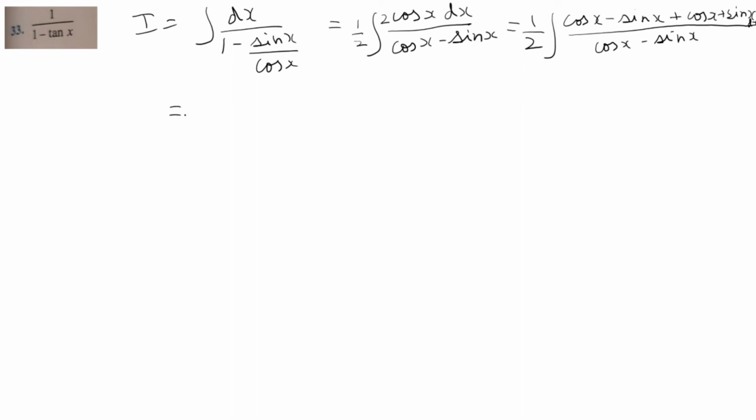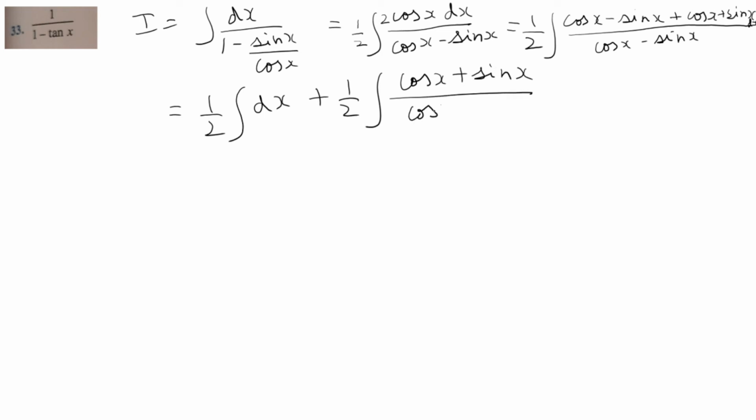So this is equal to half integral cos x minus sin x by cos x minus sin x, we get 1. So it is half integral dx plus half integral cos x plus sin x divided by cos x minus sin x into dx. I hope this is clear.